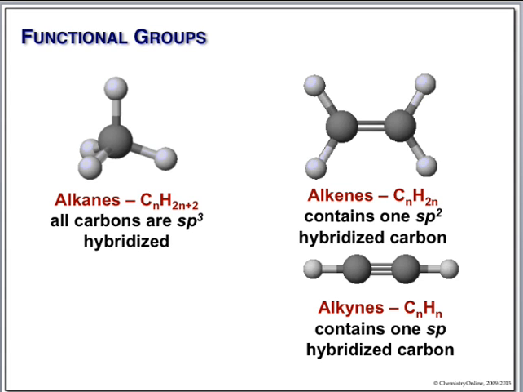So we tend to organize organic compounds into things that we call functional groups. And we're going to deal probably by the end with about 20 of them. There are just an infinite number of carbon compounds.